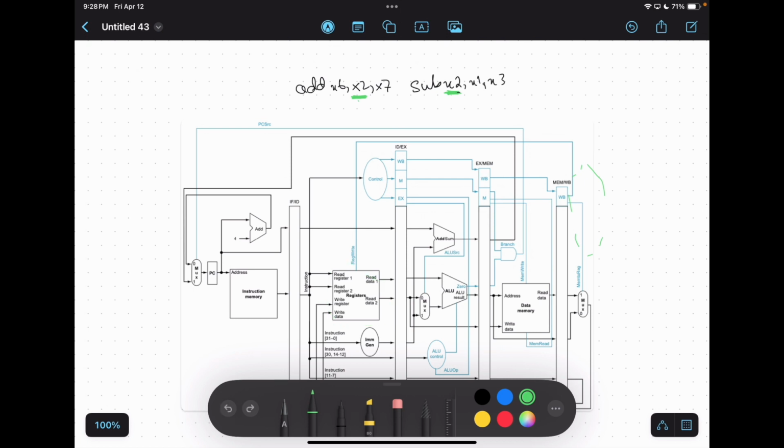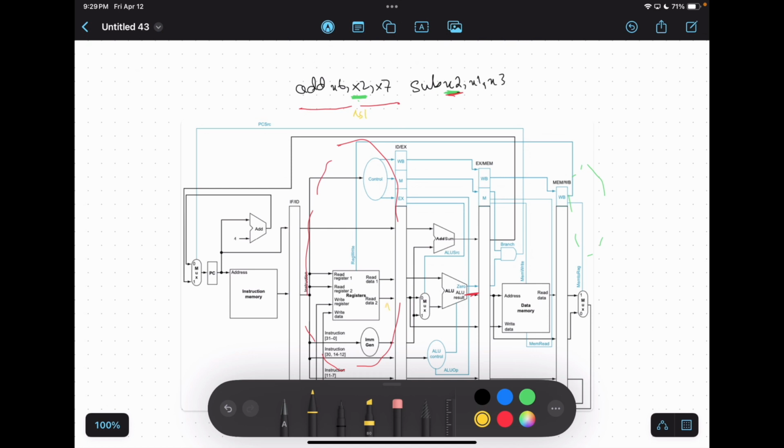So what we are saying here is this value, x2, is being calculated at this step. For this instruction, which is executing in this phase, we need to fetch this value instead of from the register file. Here is rs1.